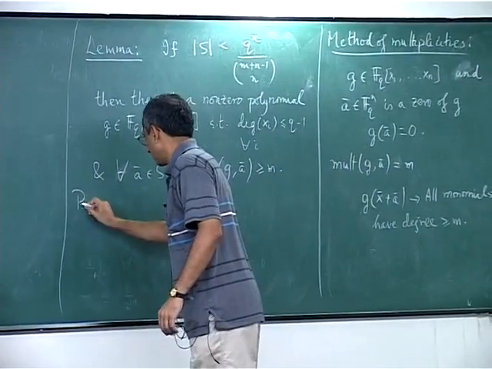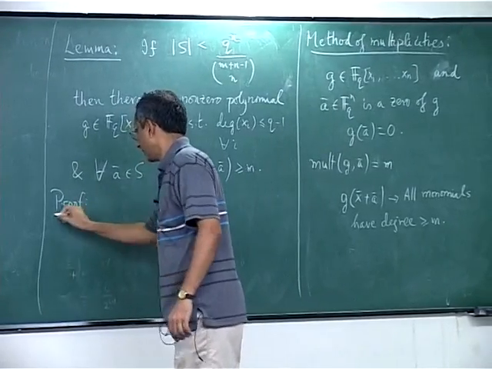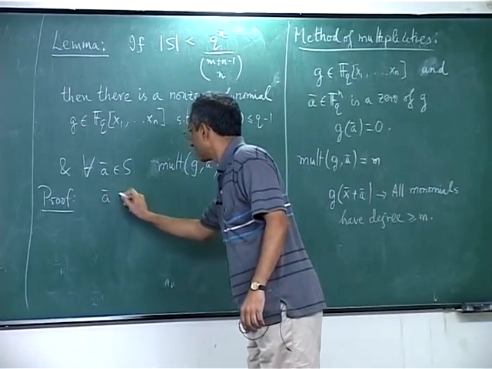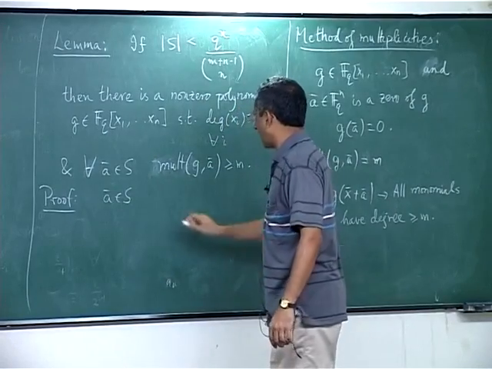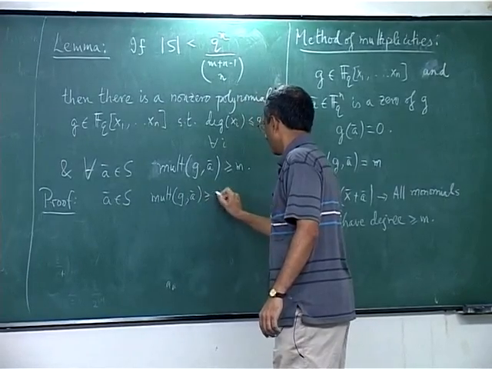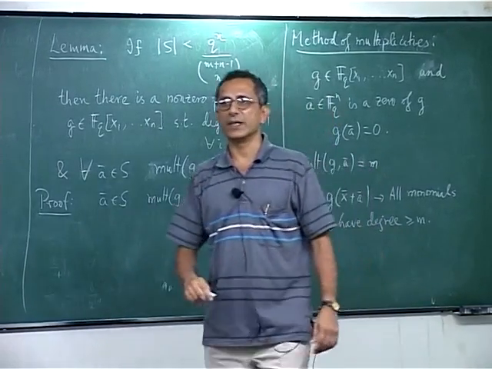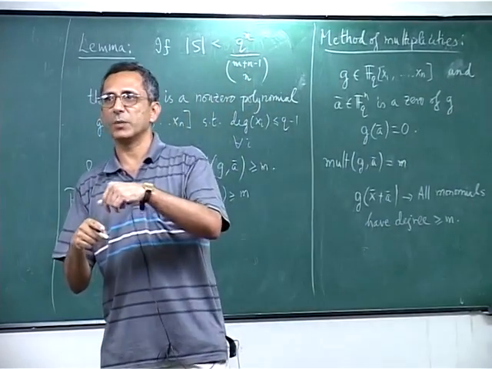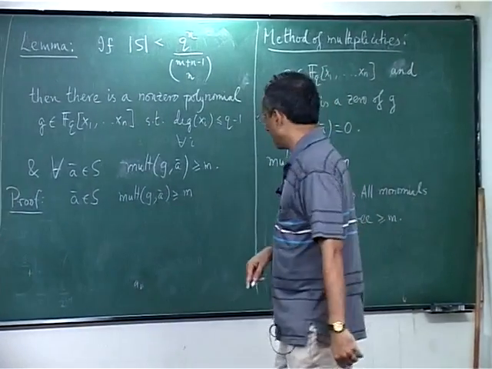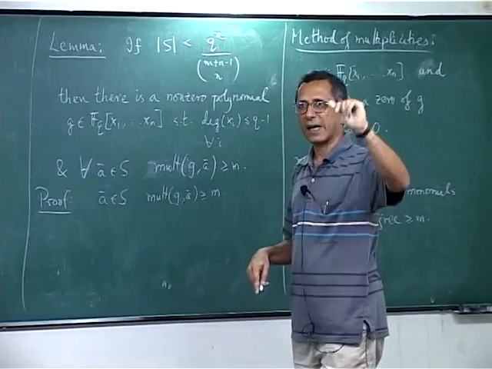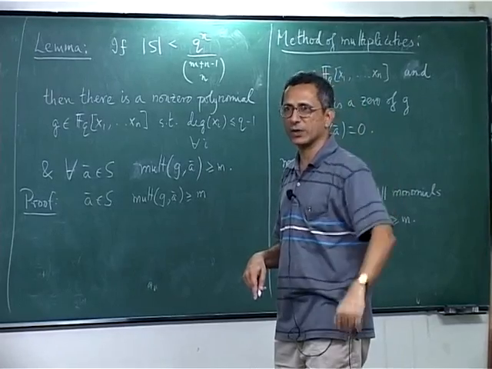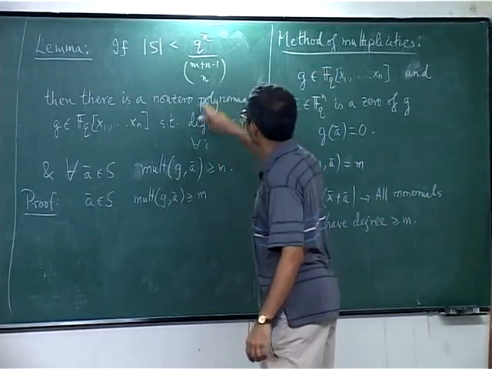Proof is straightforward, it is just 2 lines. Take any point a bar in S. I want the multiplicity of g at a bar to be greater than or equal to m. So, what is the condition I need to impose? The coefficient of every monomial of degree at most m minus 1 is 0. How many monomials are there of degree at most m minus 1?